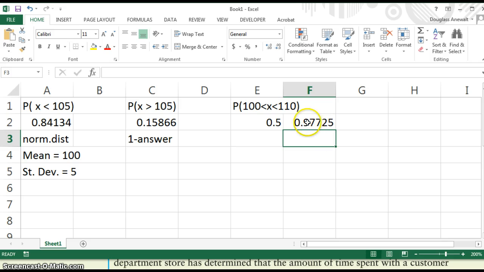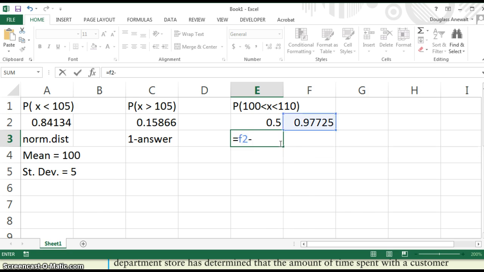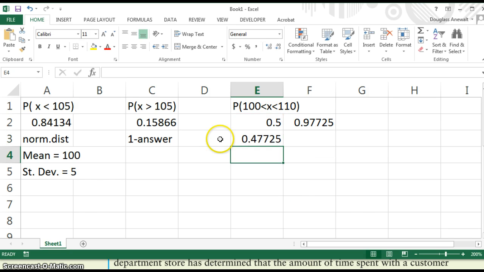So the probability of being less than 110 is this. The probability of being less than 100 is that. You want to subtract the smaller one from the bigger one. F2 minus E2. So the probability of being in between those two is 0.47725.